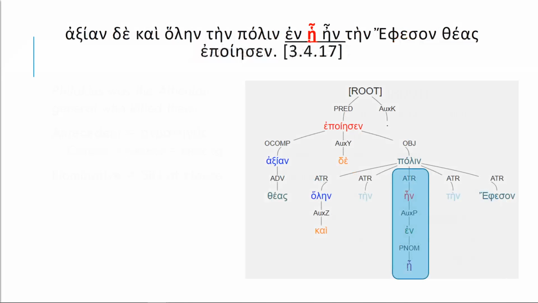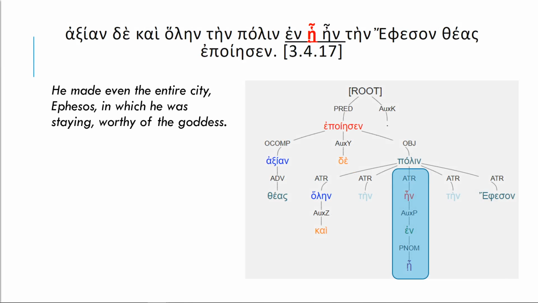All right, here's another example. He made the entire city of Ephesus worthy of the goddess. That's a genitive here, this theos. So he made the city worthy of the goddess, so that's an O-comp, that's fine. But what city is it? Hen en he. Sorry, hen en he. Get it right.